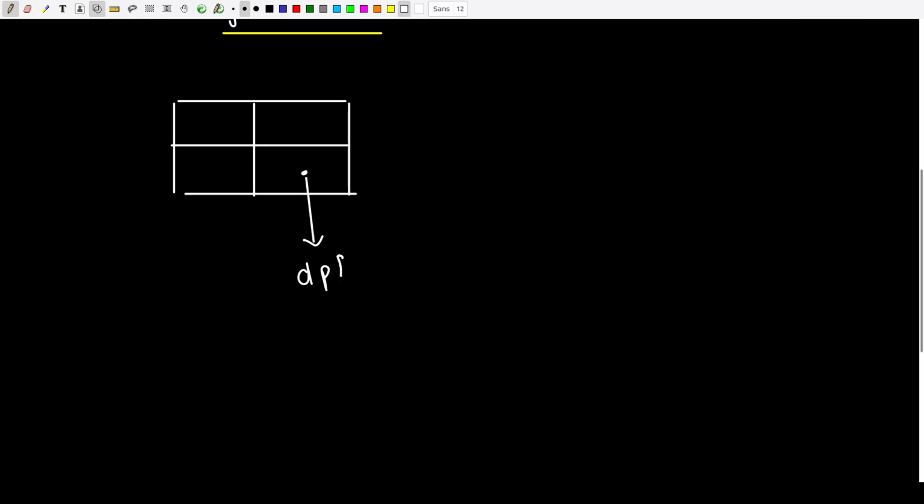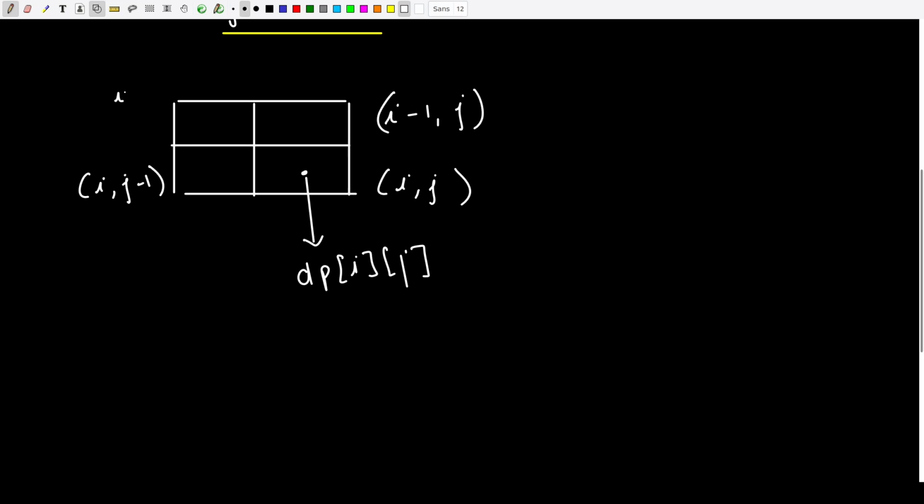So let us say this is my entry dp of I, j. If this cell is at location I, j, then this cell is at location I, j minus 1, this is at I minus 1, j, and this cell is at location I minus 1, j minus 1.